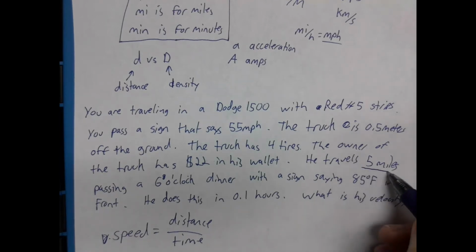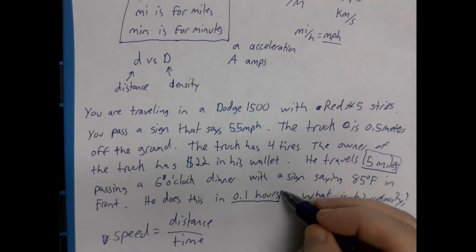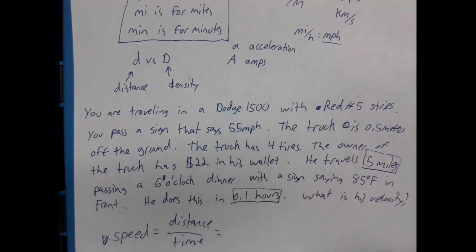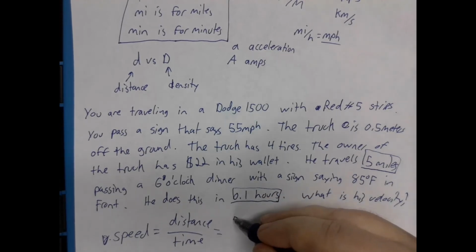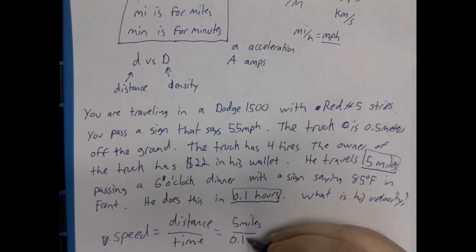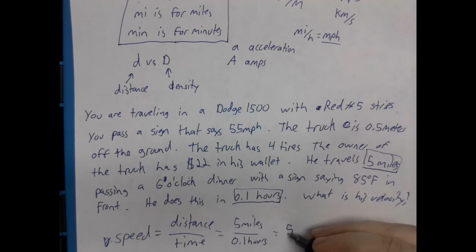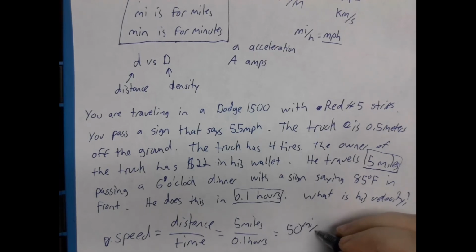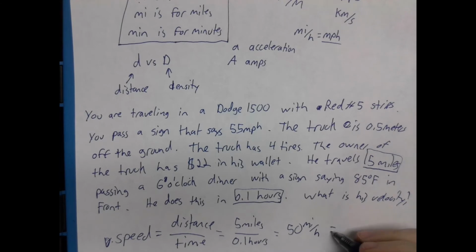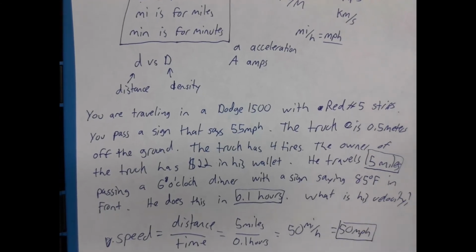He travels 5 miles. And how long did it take him to travel 5 miles? He does this in 0.1 hours. So your distance is 5 miles over a time of 0.1 hours. That gives him a speed of 50 miles per hour. Box your answer.